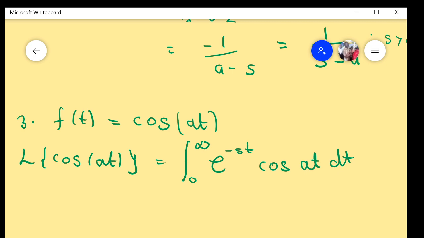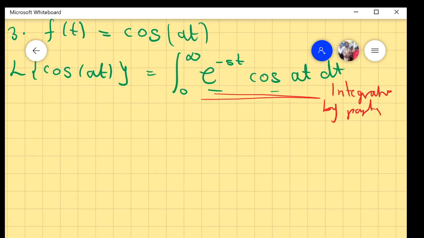Okay, so you realize that you have two functions here. You have an exponential function and a trig function. So if you have a product of two functions like this, we can use integration by parts. Integration by parts.